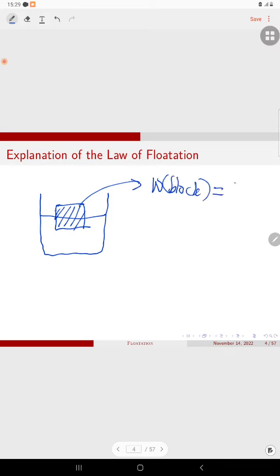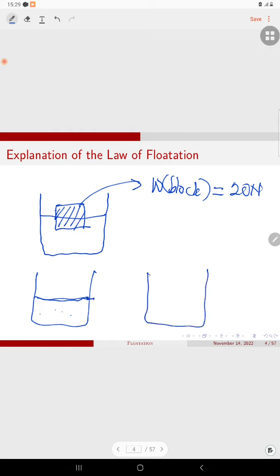According to the law of flotation, before we put the object inside, there was some level. After putting the object inside, it will displace some amount of water. So let's say this is the initial level, and after dropping in the block, this is the new level. This level which came up is what we call the displaced liquid.